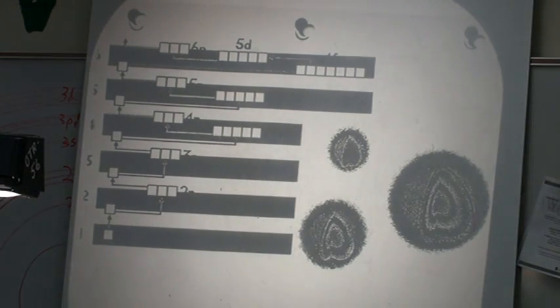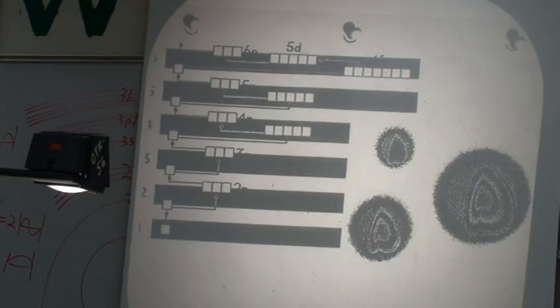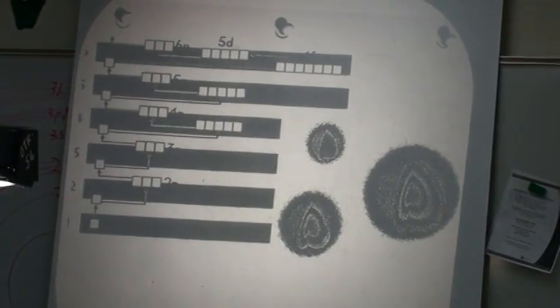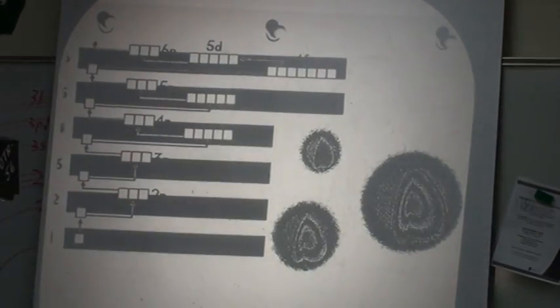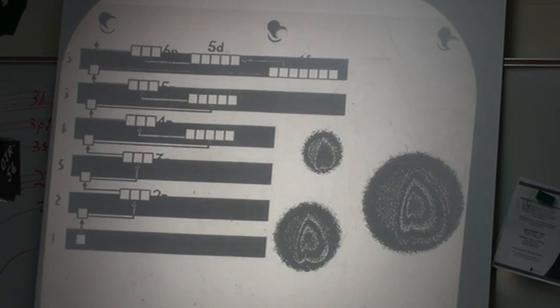Make sure you have a pencil. If you don't have a pencil, then don't write on this sheet. Whoa. Okay, I'm gonna stop messing with it.